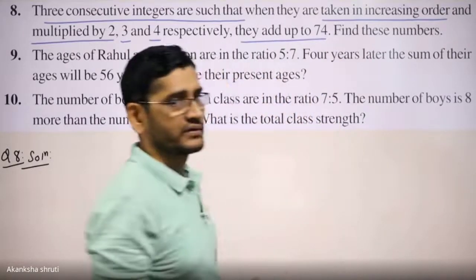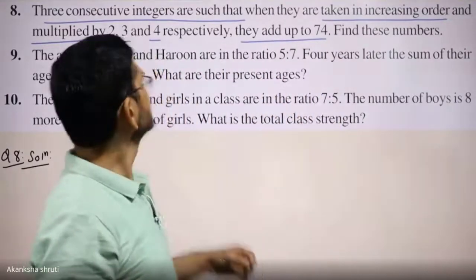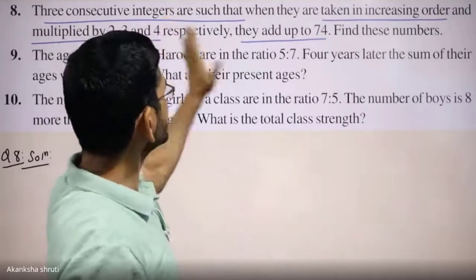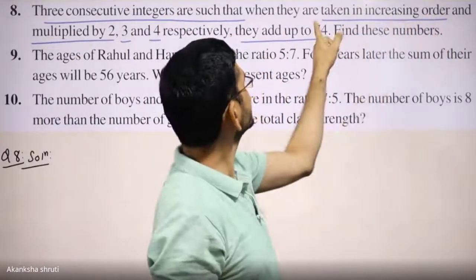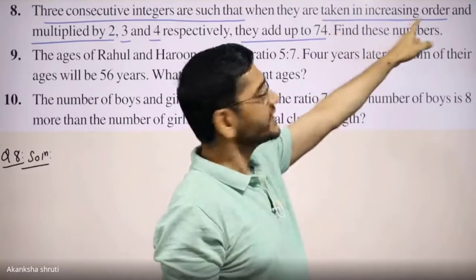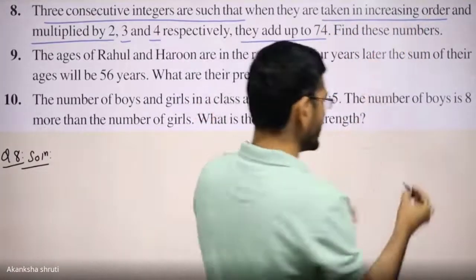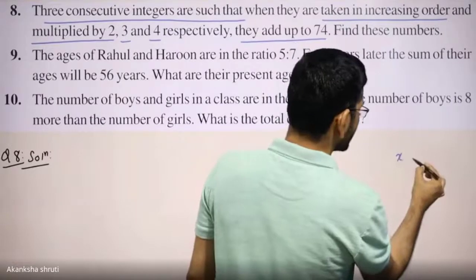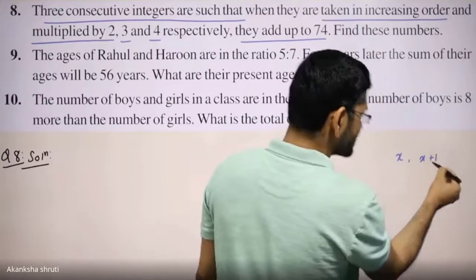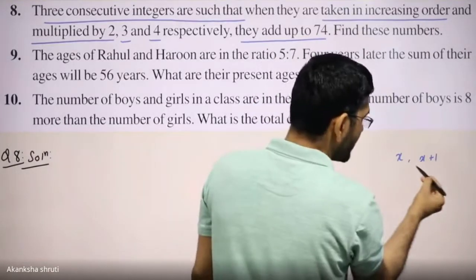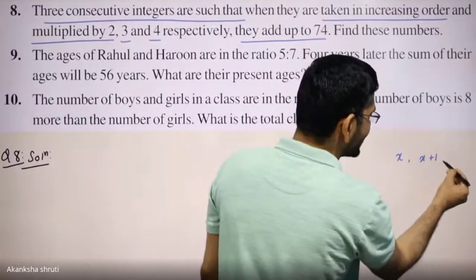See, again we have to consider the consecutive, but some additional condition is given. Here it is given that they are taken in increasing order. Therefore, if we are taking one as x, the other must be like x plus 1. Surely it should be increasing.